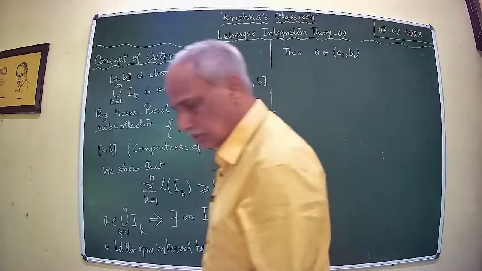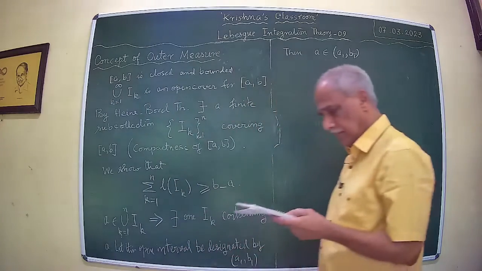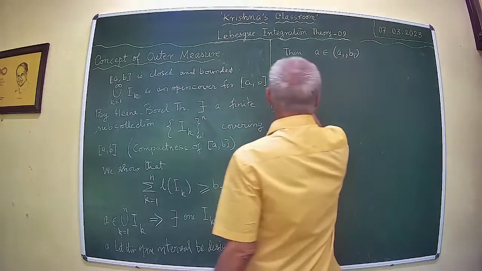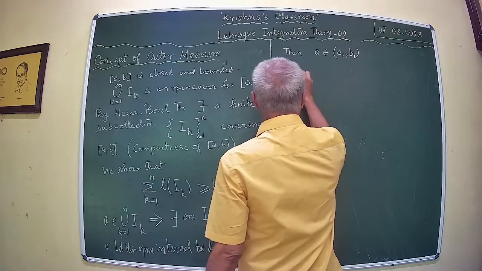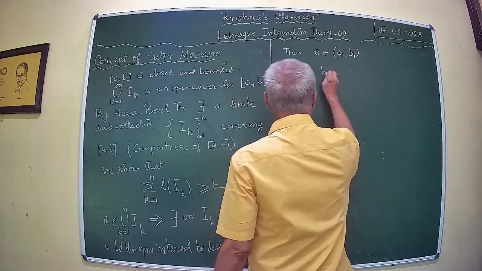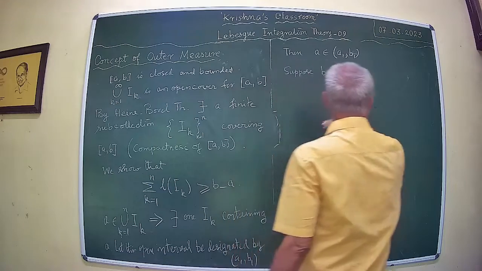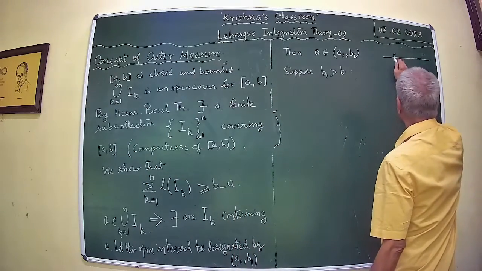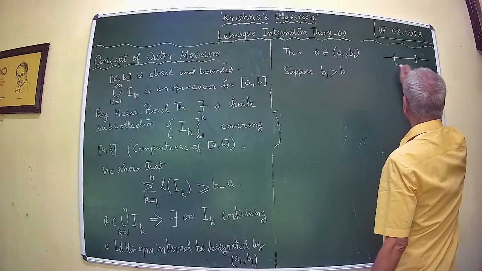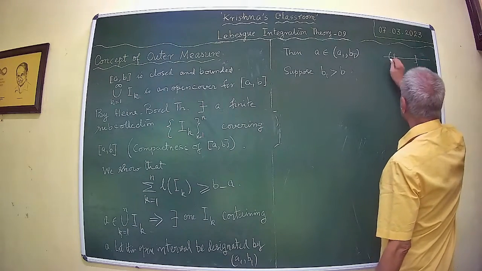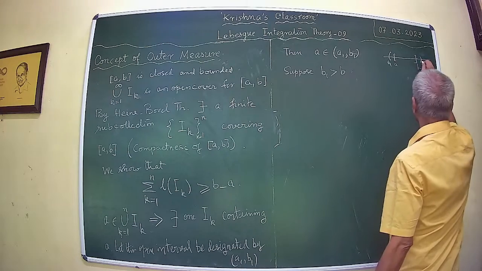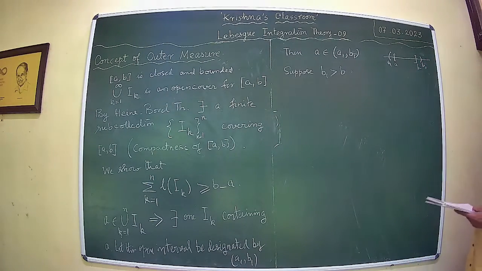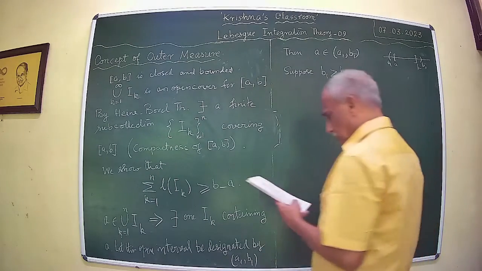Now suppose B1 is greater than B. That means you have a scenario like this. AB, this is A1, this is B1. B1 is greater than B. Then what happens?